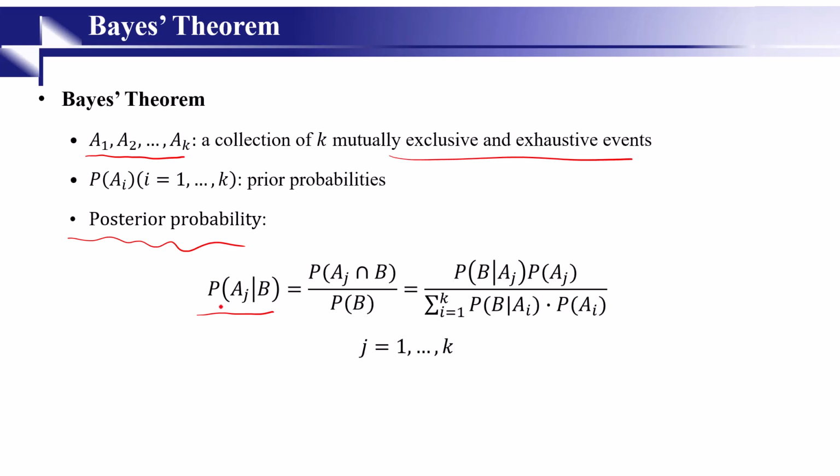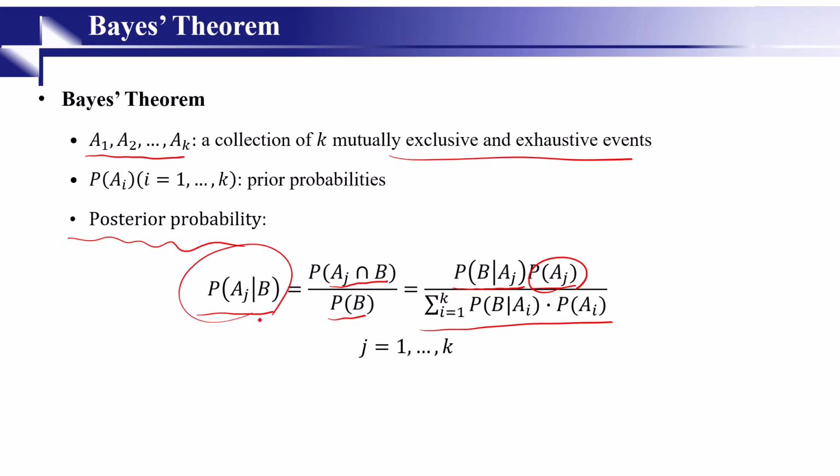Then we say probability of Aj given B is equal to probability of Aj cap B divided by probability of B, which is equal to probability of B given Aj multiply probability of Aj divided by the sum from i equals 1 to k of probability of B given Ai multiply probability of Ai. So these values, probability of Aj, are prior probabilities.